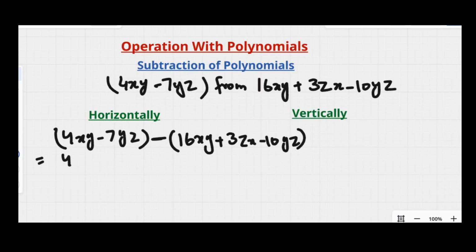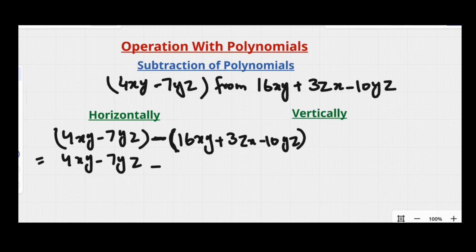In the next step, we are opening the brackets. When the sign of subtraction is outside the bracket, we multiply the sign of subtraction with the values inside the bracket. We have to change all the symbols: plus becomes minus and minus becomes plus.